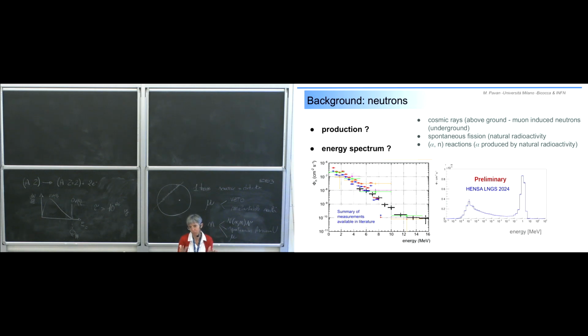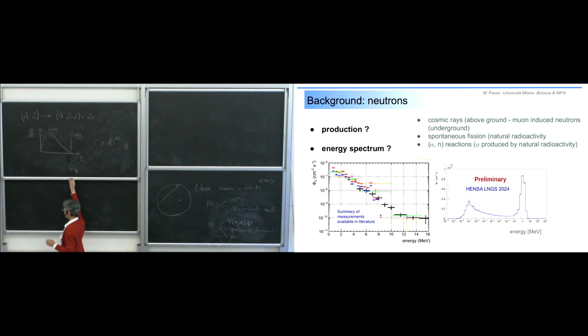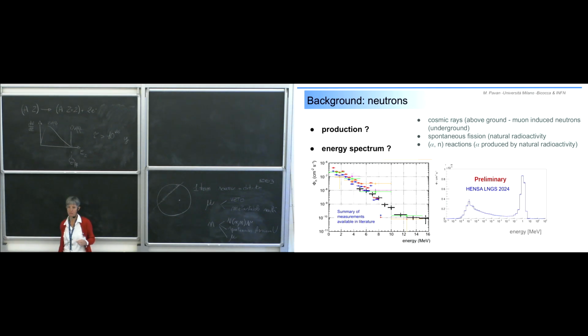I need to use a different process. What are the processes that neutrons can undergo when interacting with matter, producing, at the end, a signal that I can detect with some device?